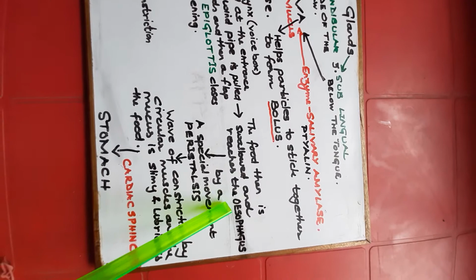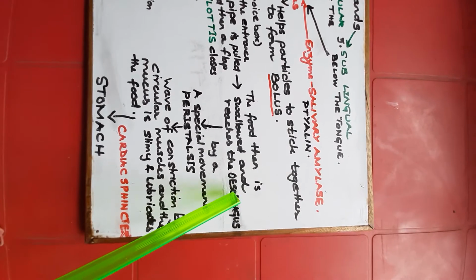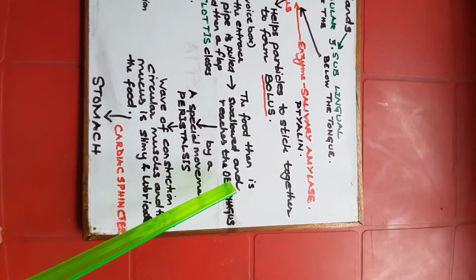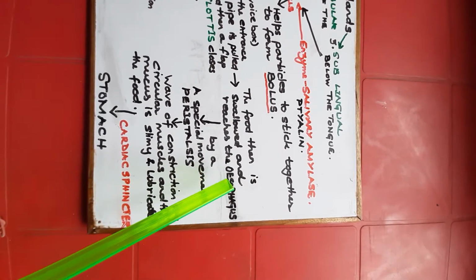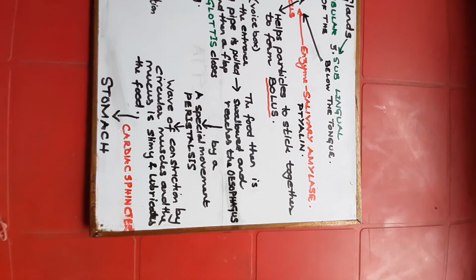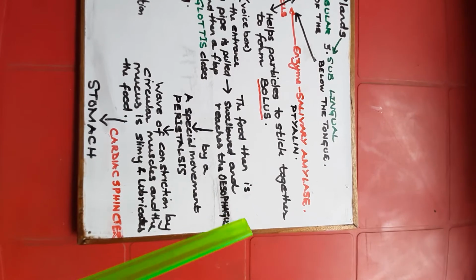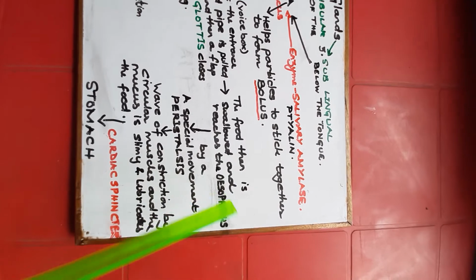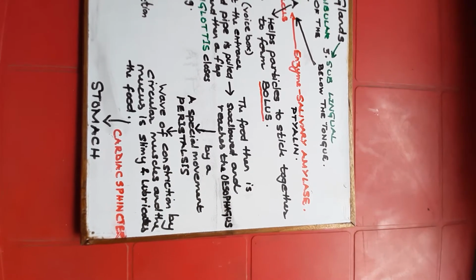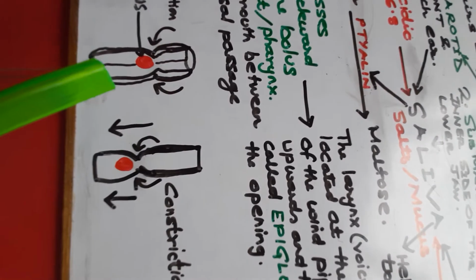Once it enters the esophagus, a special movement takes place. The esophagus has circular muscles and it has mucus in it. Constriction and relaxation of the muscles take place, and with this a wave is formed, and the food gradually is pushed down in the esophagus.